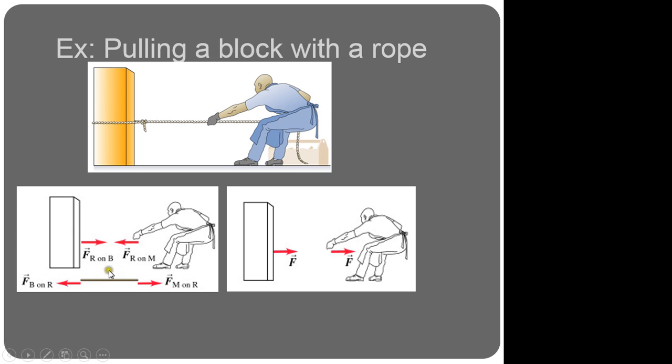However, if you look at the man acting on the rope, it pulls in the other direction. So this is one concept that needs a bit of slowing down. The man pulls in this direction, and the block then feels a force in this direction, provided that the rope has no mass and does not stretch. So these are the pair forces.